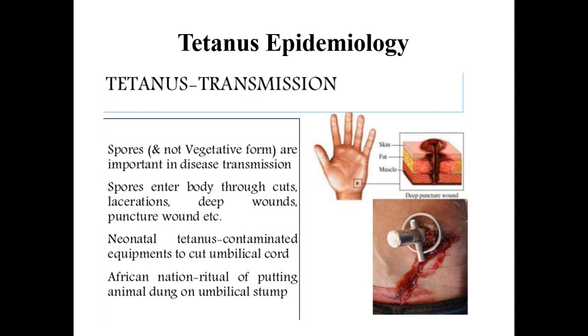Muscles of the face and jaw are often affected first, and the first symptom is increased masseter tone leading to trismus or lockjaw, followed by muscle pain and stiffness, back pain, and difficulty in swallowing. In neonates, difficulty in feeding is the usual presentation.